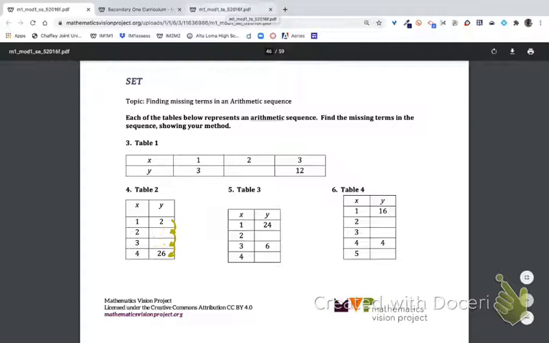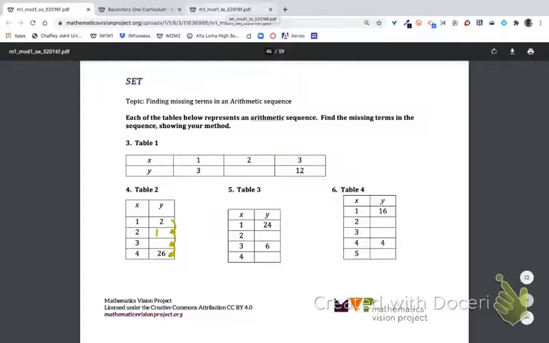I know that doesn't work, so I know that has to be smaller than 10. What about 9? 9 plus 2 is 11, plus 9 is 20, does not give me 26. 2 plus 8 is 10, plus 8 is 18, plus 8 more is 26. So that would work.